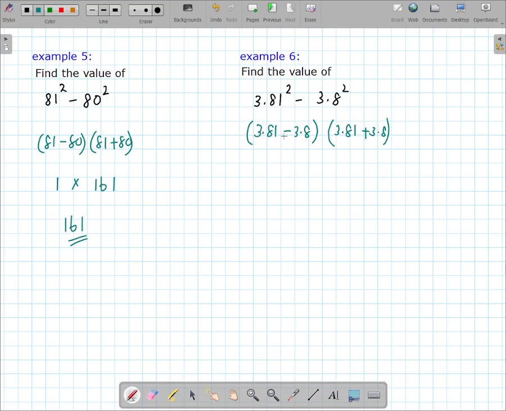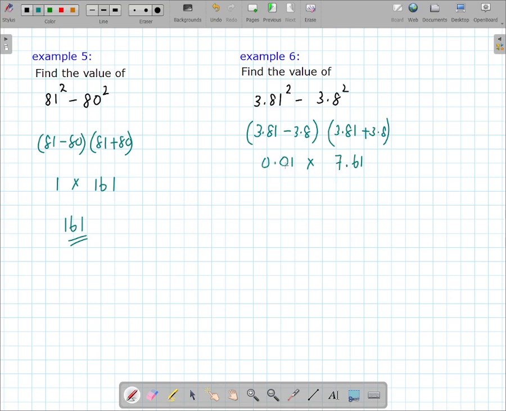Now 3.81 minus 3.8 is 0.01, times 3.81 plus 3.8. 1 plus 0 is 1, 8 plus 8 is 16, decimal, 3 plus 3 is 6, plus 1 that is 7.